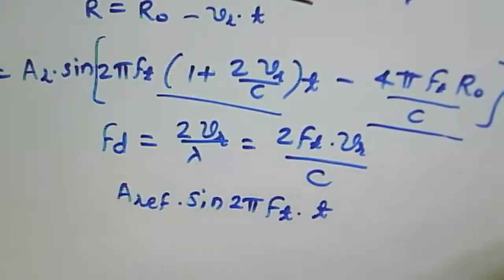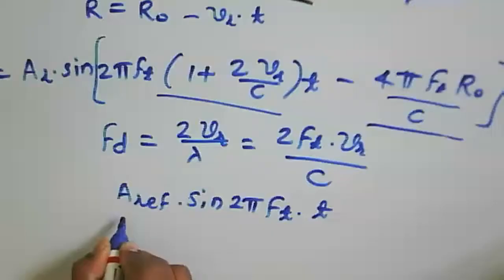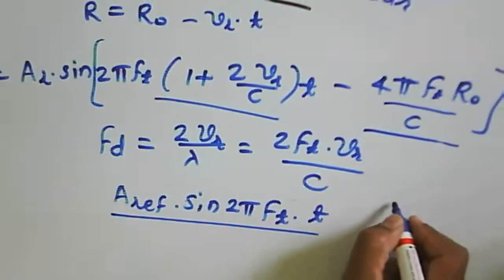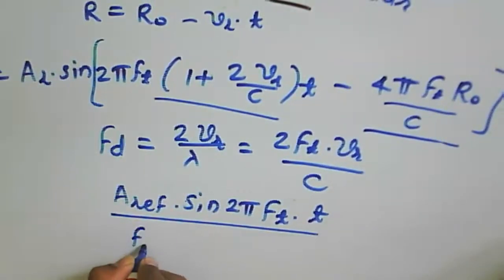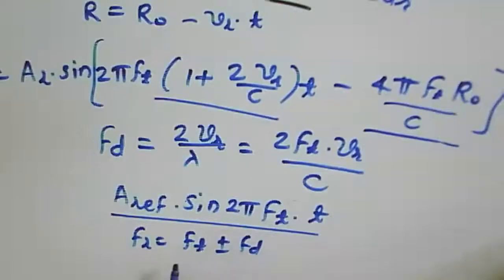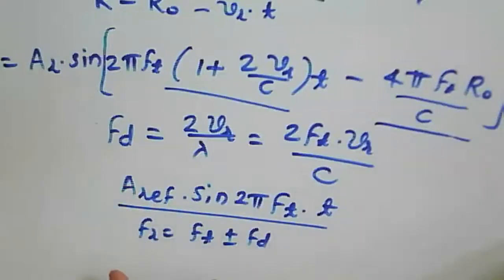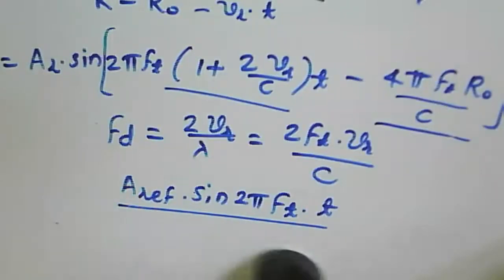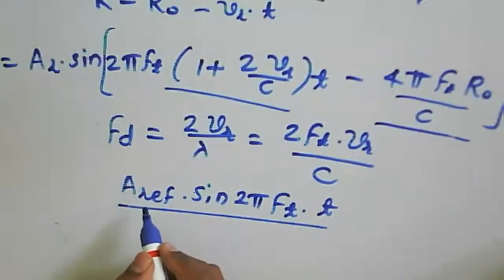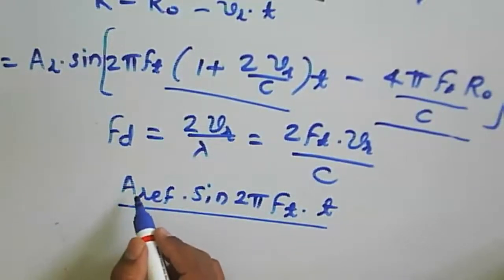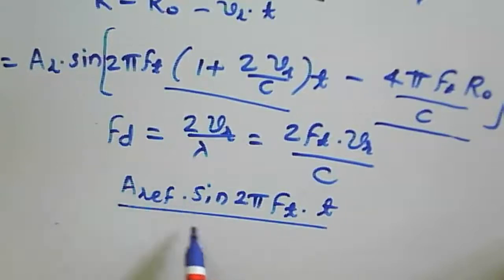This is the reference signal we are providing, because the received signal has frequency ft plus or minus fd. At the receiver we provide a reference to the mixer, A reference, which is the amplitude of the reference signal, and that reference signal consists of the transmitting frequency ft.